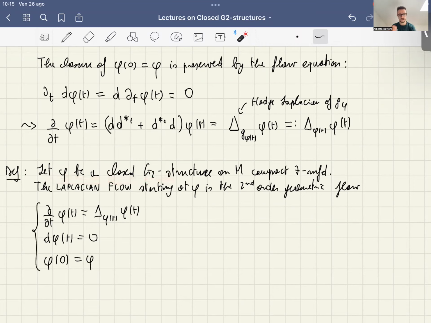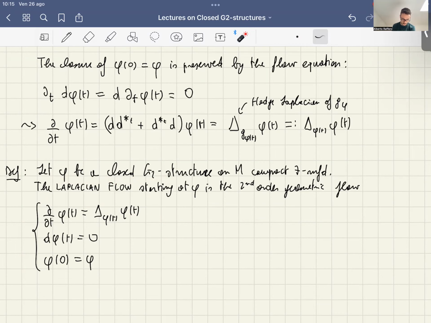So what is the idea behind this flow now? It is that if this flow is well posed on a compact manifold, which means that it has short-time existence and uniqueness of the solution for this problem, and if the solution exists for all real times, then the expectation, the hope, is that it will eventually converge to a stationary point of the flow.